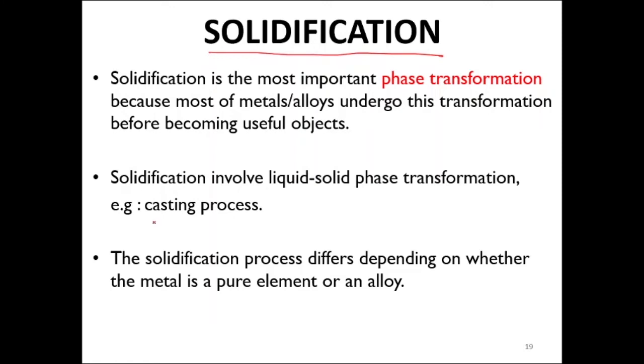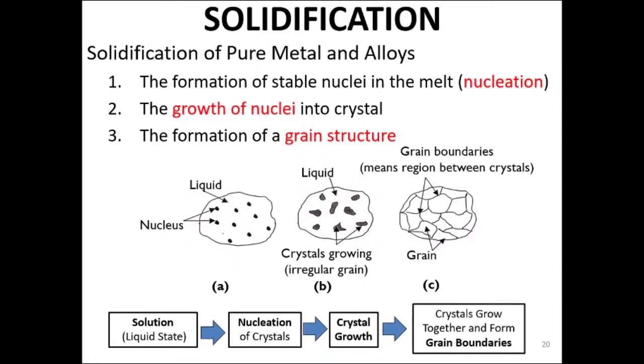For metal, we can take the casting process as an example, where the metal is heated up to a certain temperature until it melts, and then you can add impurities to that metal. After that, you pour it into the mold and let it cool down to solidify. The solidification process differs depending on whether it is a pure element or an alloy.